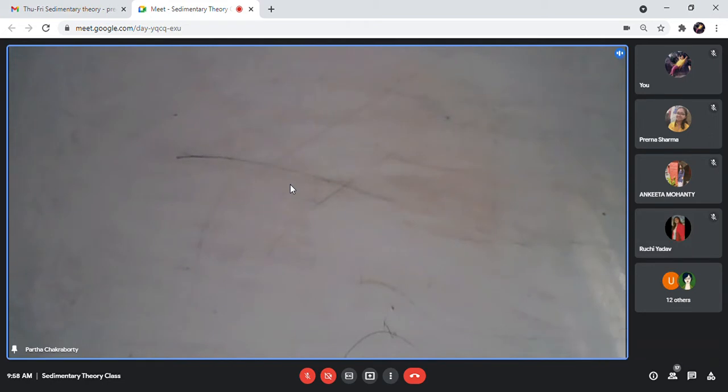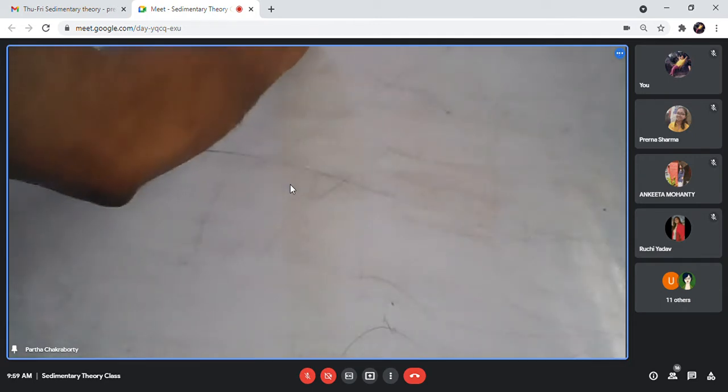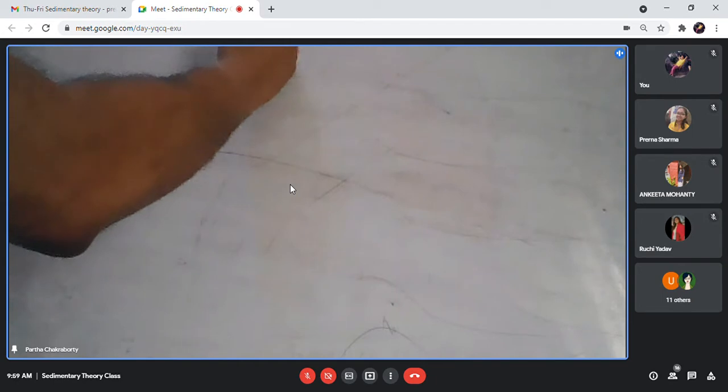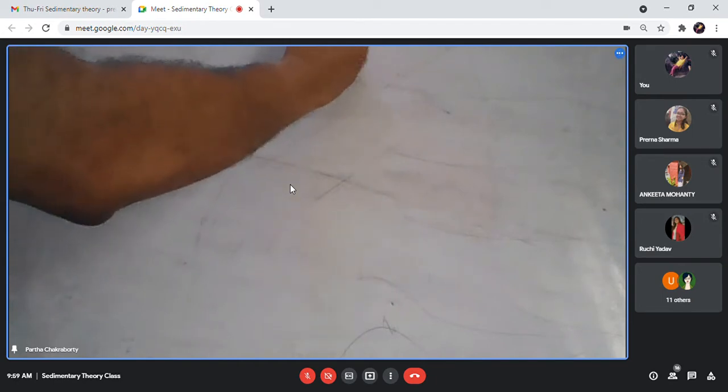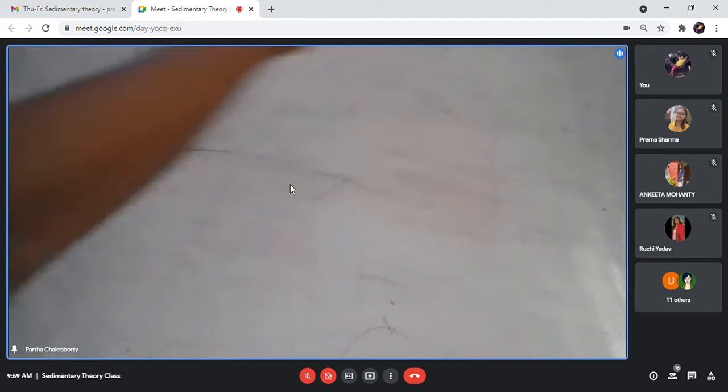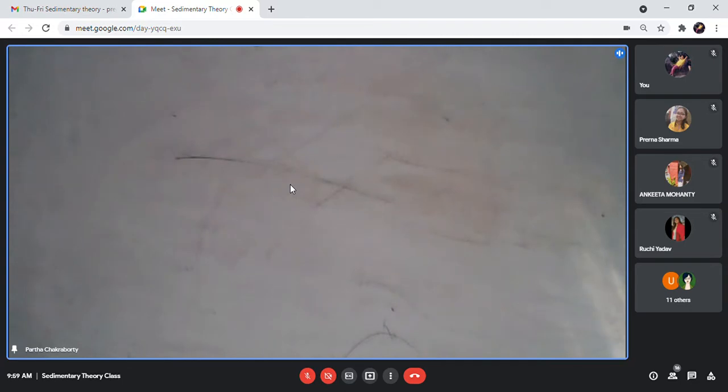What we discussed in the last class is that a rift is in an extensional domain. It is an intercontinental rift when it starts.